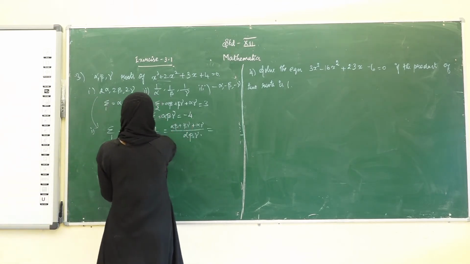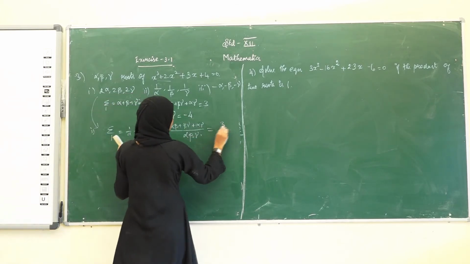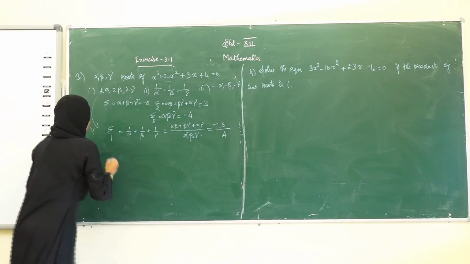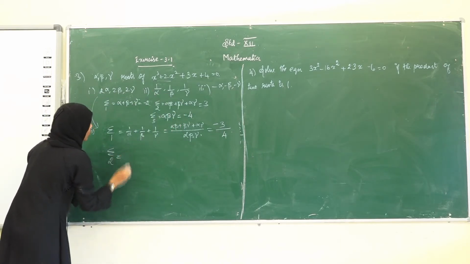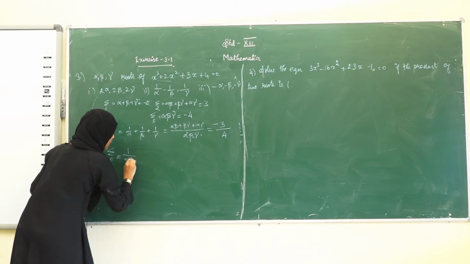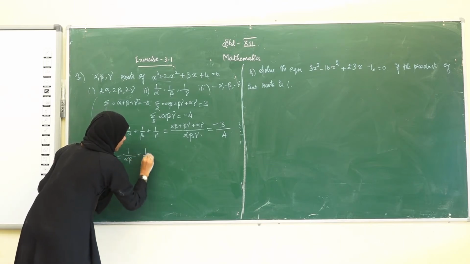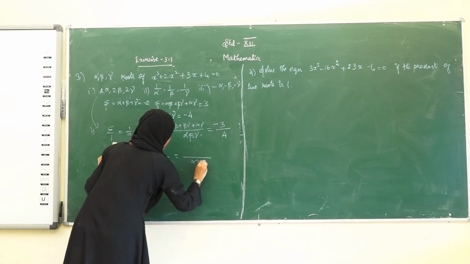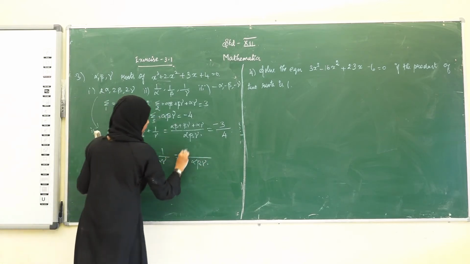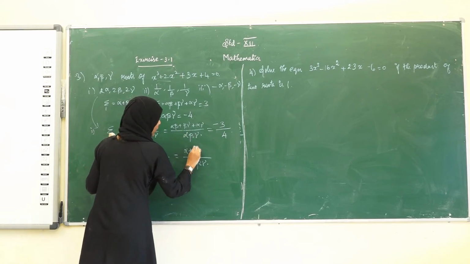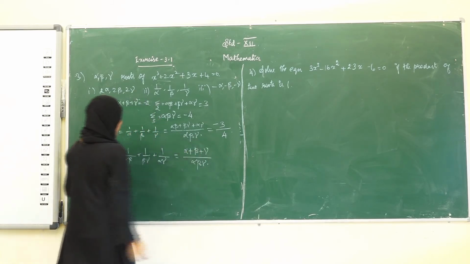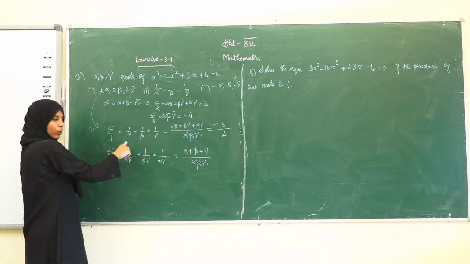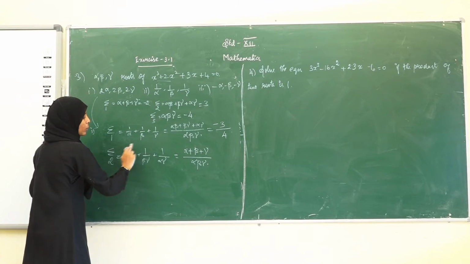So we can substitute the values from this. The value of this is 3, divided by alpha beta gamma's value, which is 4. So minus 4. And then summation 2, what we get is 1 by alpha beta plus 1 by beta gamma plus 1 by alpha gamma, which is equal to alpha plus beta plus gamma over alpha beta gamma. In the numerator, because the denominator has alpha beta, the remaining term, that is gamma, comes. Similarly for all of them we get alpha plus beta plus gamma.